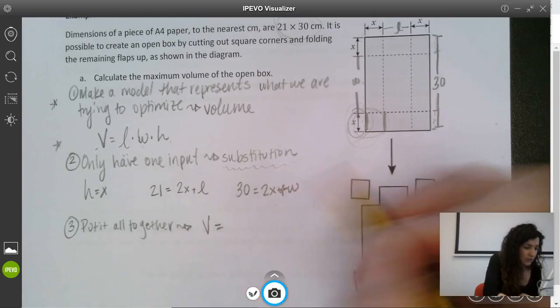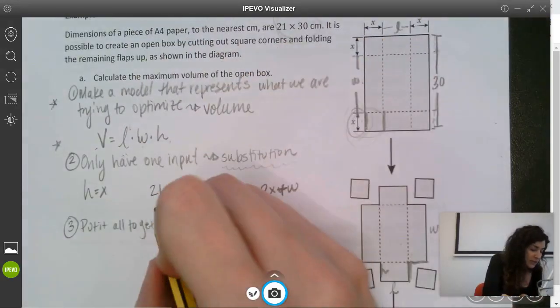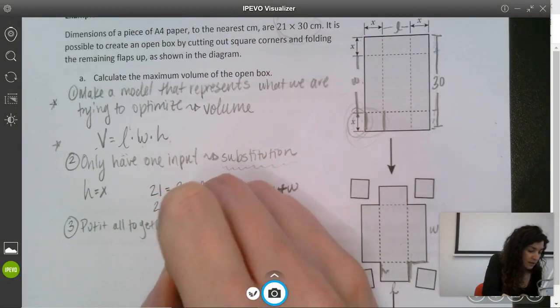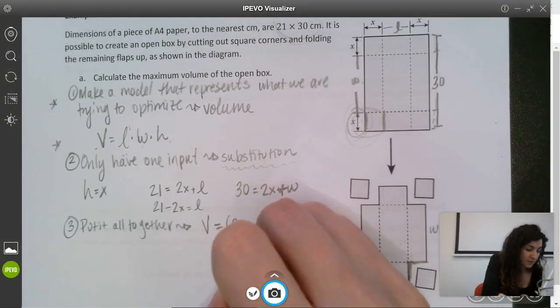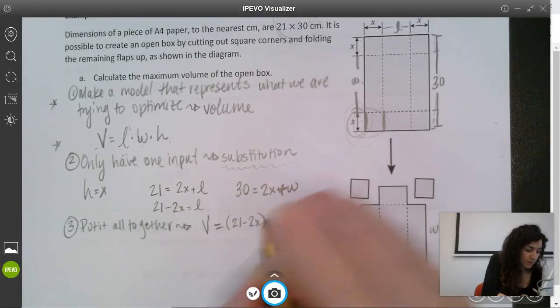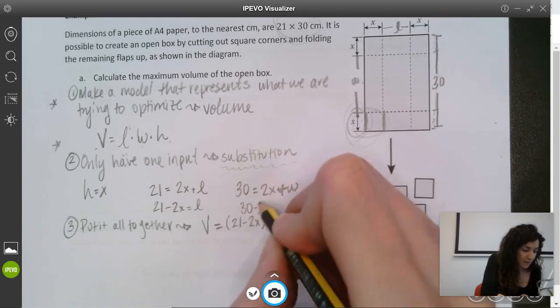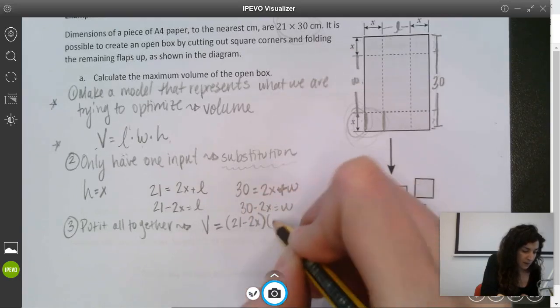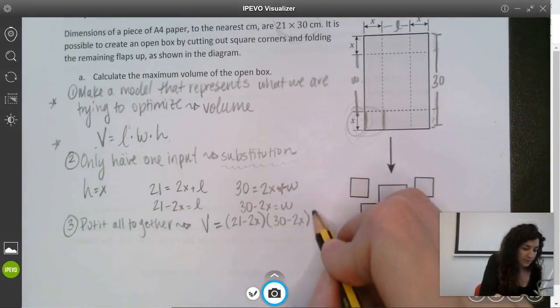Where volume is equal to length, well, if I were to move 2x to the other side, length is just equal to 21 minus 2x. And then width, well, if I were to move 2x to the other side, and then height.